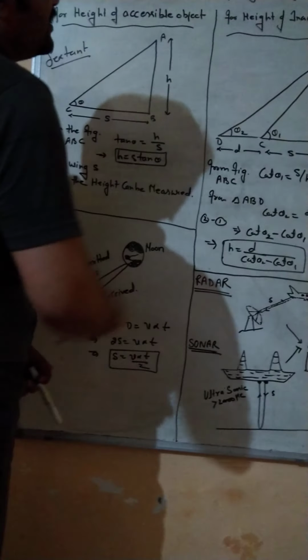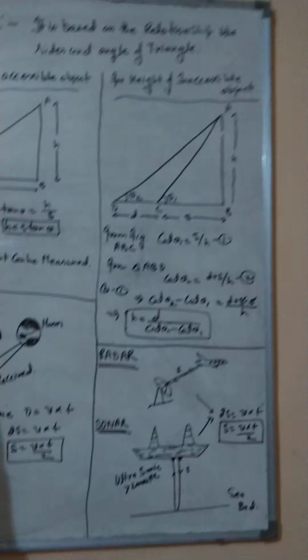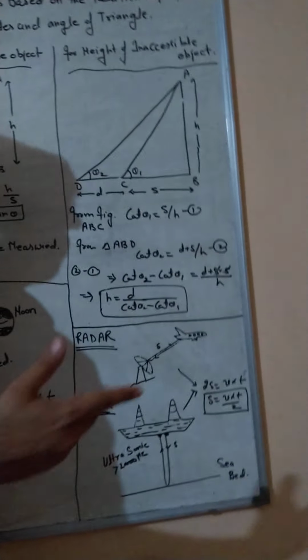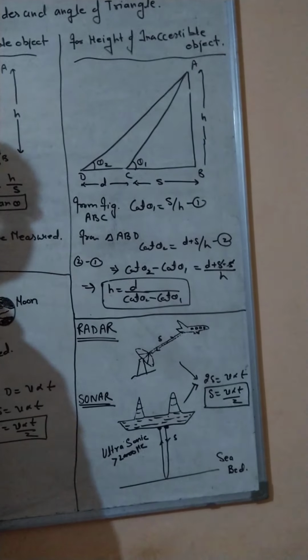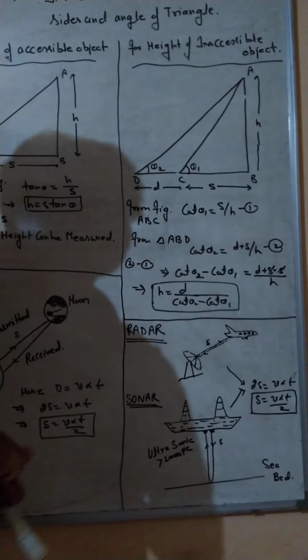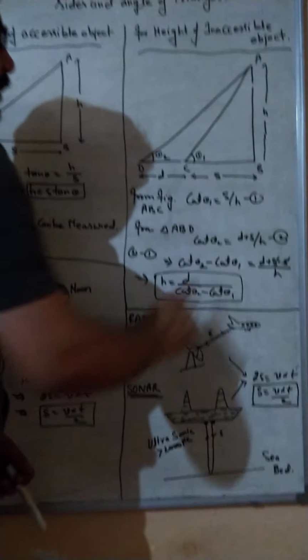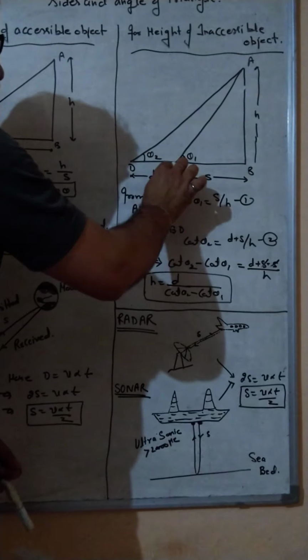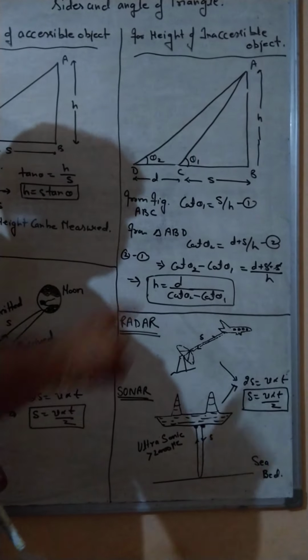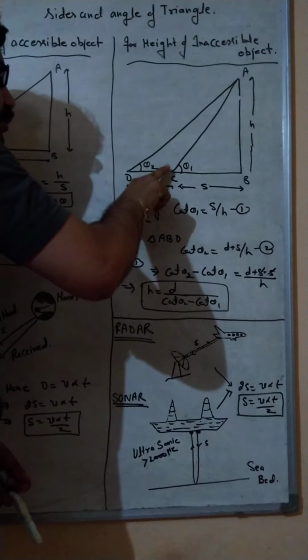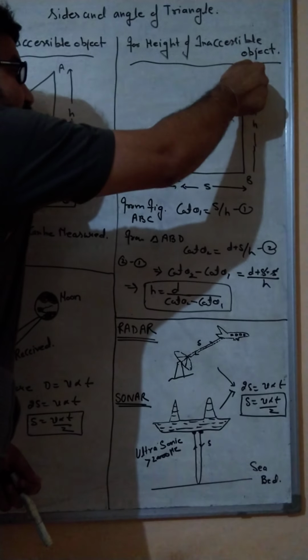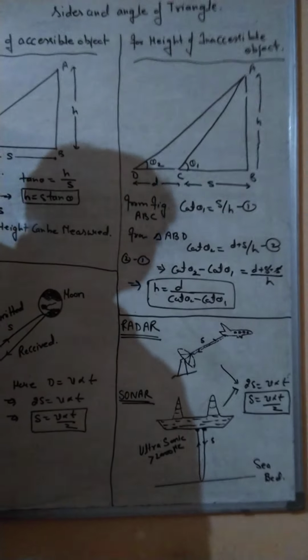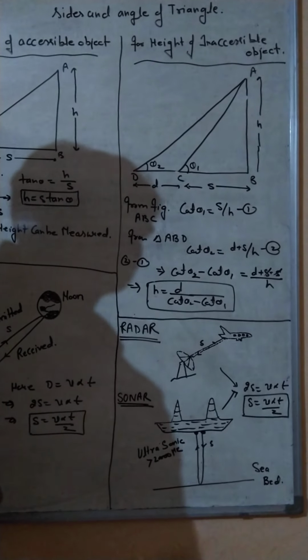Now another case: the height of an inaccessible object. Let AB be an object like a rock, hill, etc., whose height we want to measure. From the foot of the perpendicular we walk some distance s and reach a point C, use a sextant, and find the angle made by the top of the object with our location.